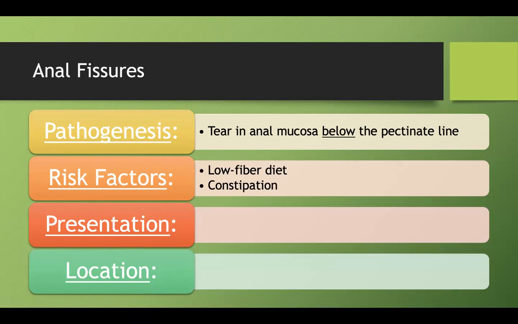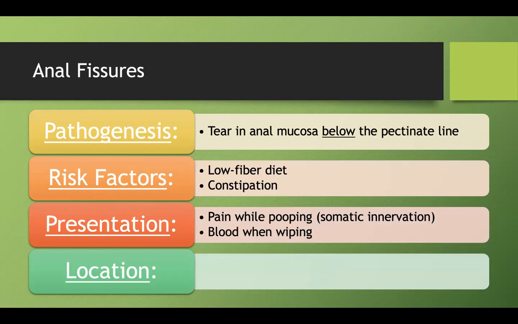And with somatic innervation, if there's any damage to your somatic nerves, you're going to feel it. So it will be very painful. In this case, you'll have pain while using the restroom. I just wanted to mention, in the case of anal fissures, because you actually have an anal mucosa tear here, you will often see blood when wiping.